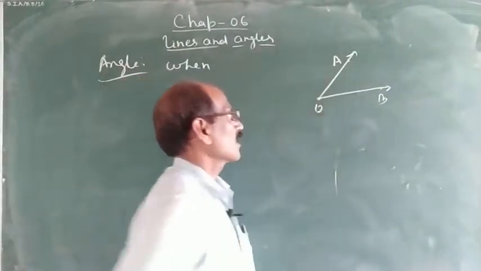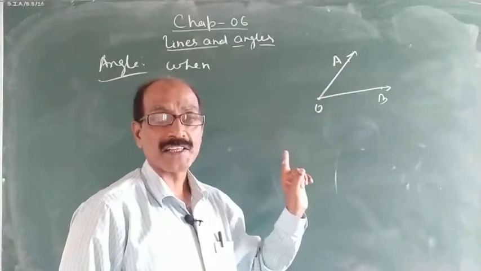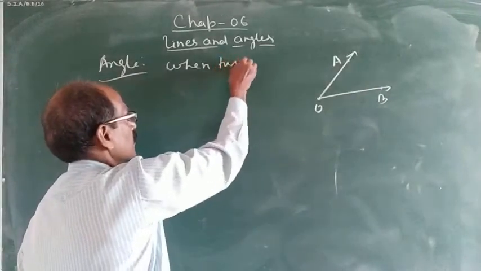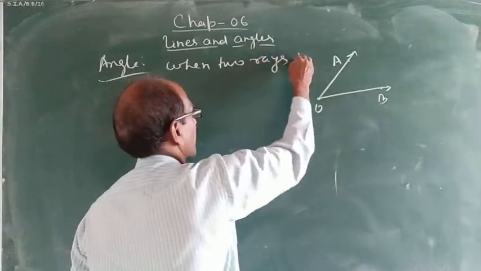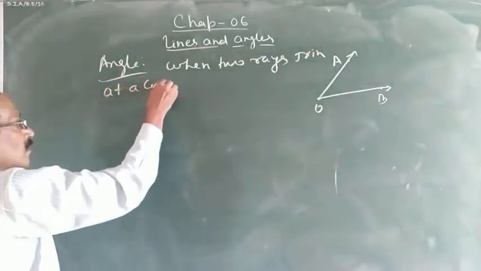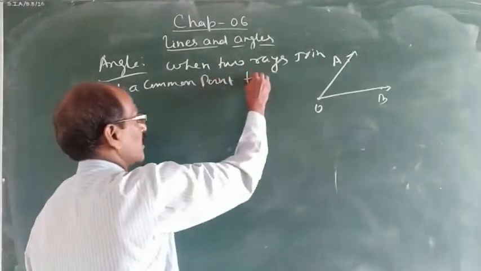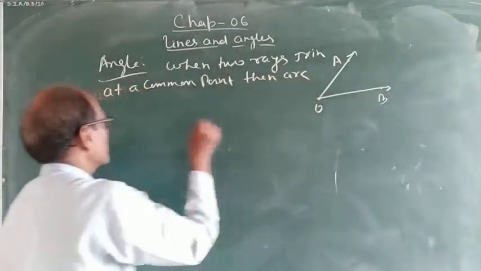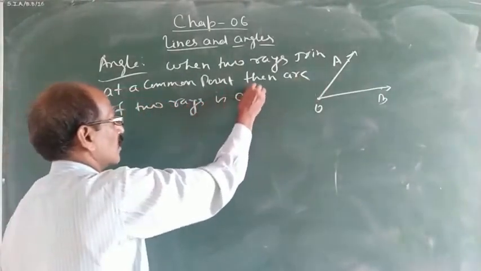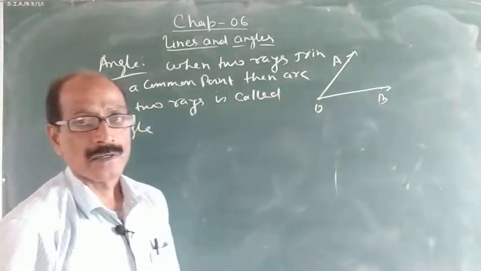So we can say that ray OA and ray OB meet together at a common point O. Okay, so again, when two rays join at a common point, then the arc of two rays is called angle.